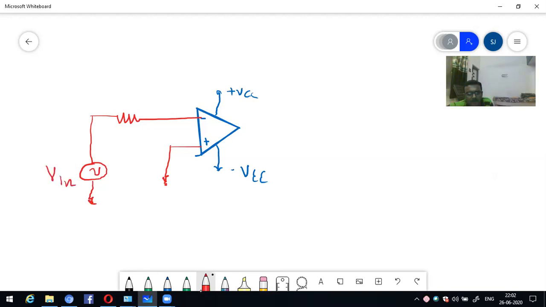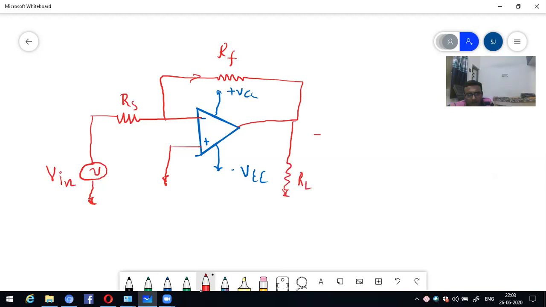This is known as VE. This is known as RS. This is known as RF, the feedback resistor. Due to the feedback resistor, the gain of the operational amplifier compared to open loop is reduced.